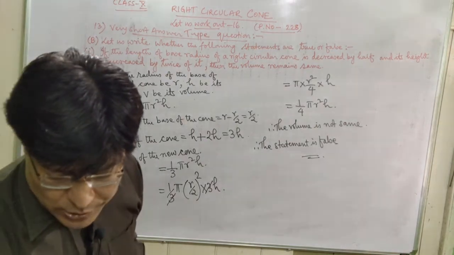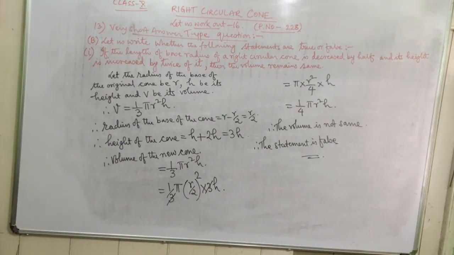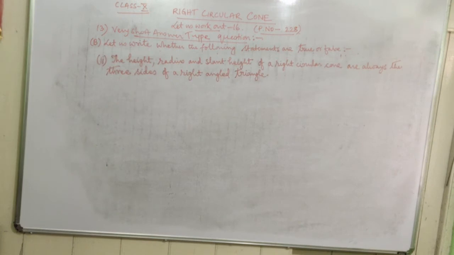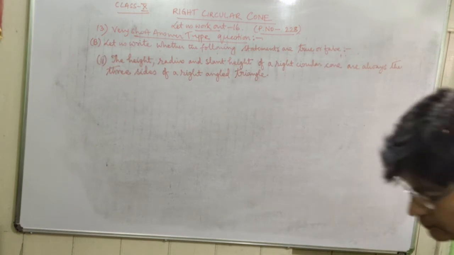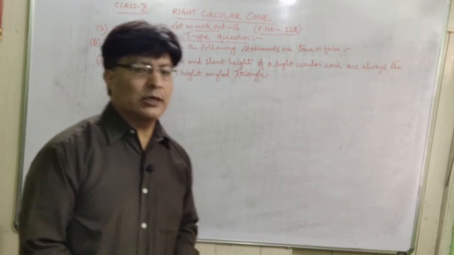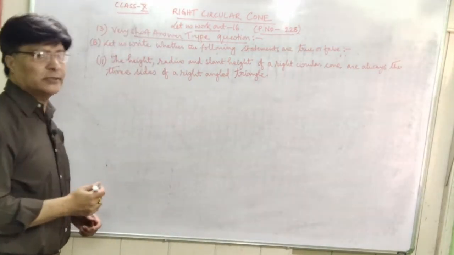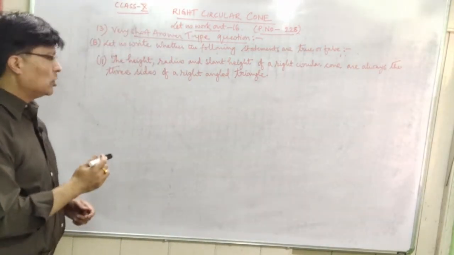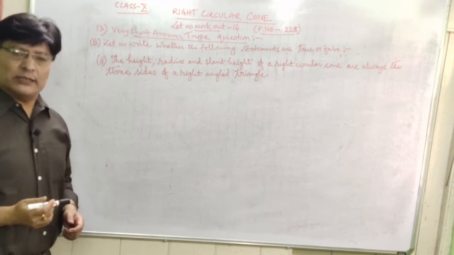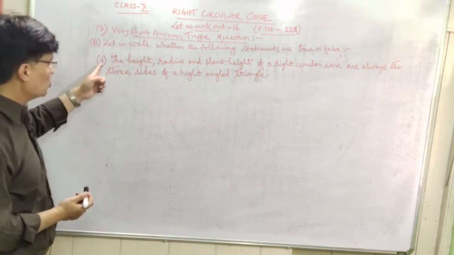Now we'll do the next question. The next statement is, you have to check whether this given statement is true or false. That is B number 2.